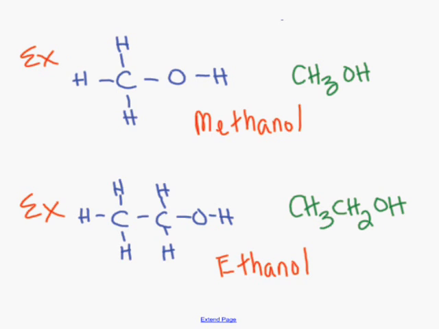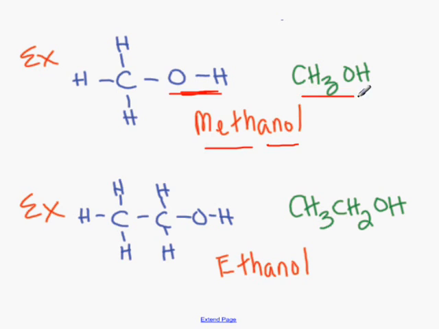Well, it's the same way as always. You find the longest chain, and then you take a look at the functional group here. So in this one here, the longest chain is simply a one-carbon chain. That's really easy. And we remember that's methane. And over here, you can see that on the methane, the functional group is the OH. So that's an alcohol. So we would call it methanol.